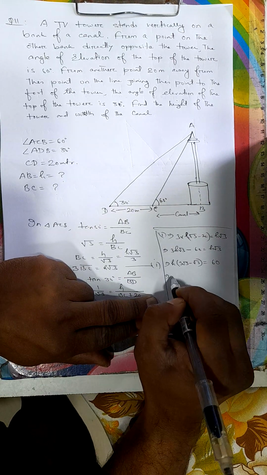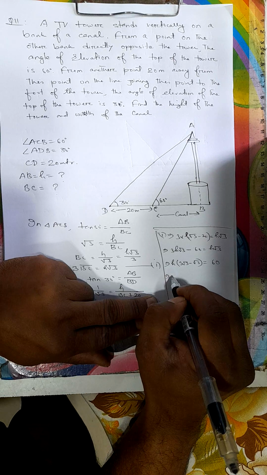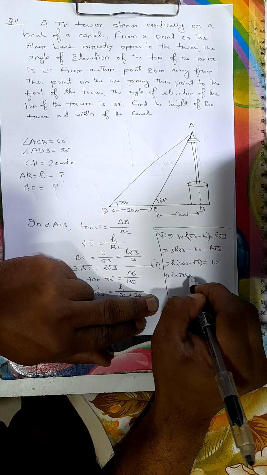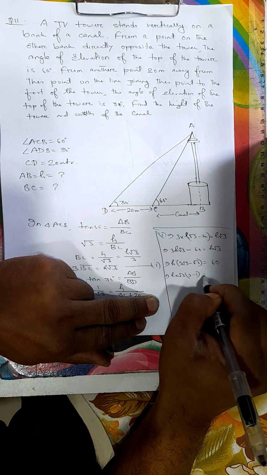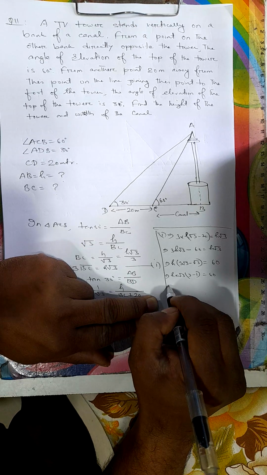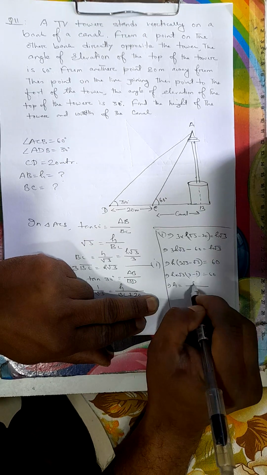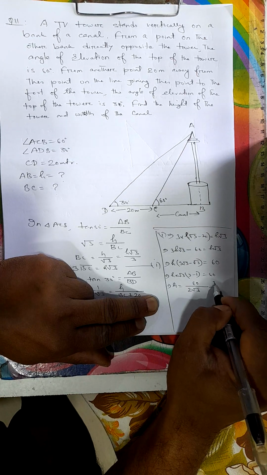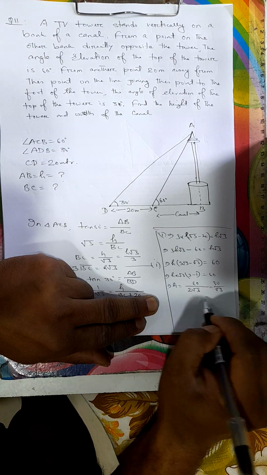You can take square root of 3 common, H into square root of 3 multiplied by 3 minus 1 equals 60. That means H equals 60 divided by 2 square root of 3. That is 30 divided by square root of 3.